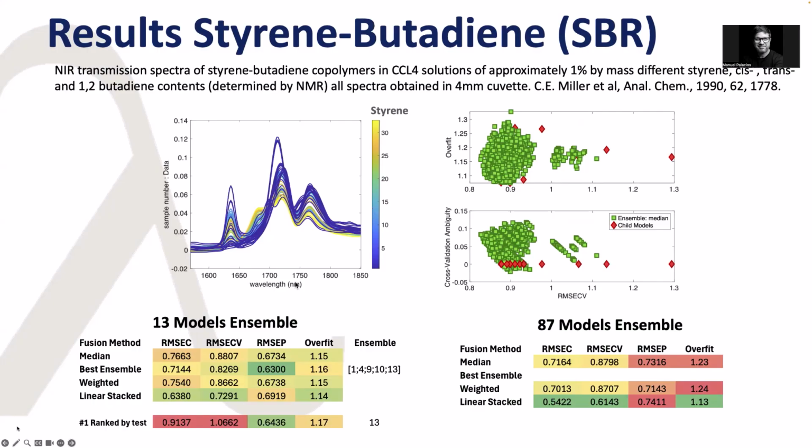You can see in this particular case that, when you do the best ensemble, using a small number of samples does seem to help a lot with the error on the test set. While here you see that we have very large errors when we try to ensemble 87 of those.